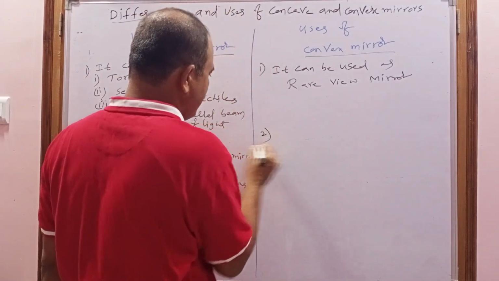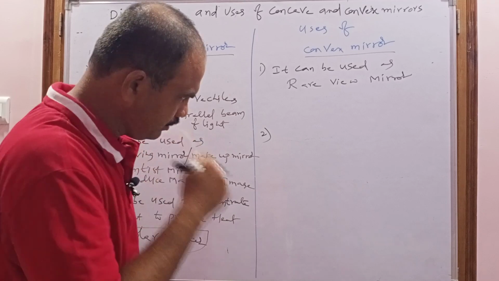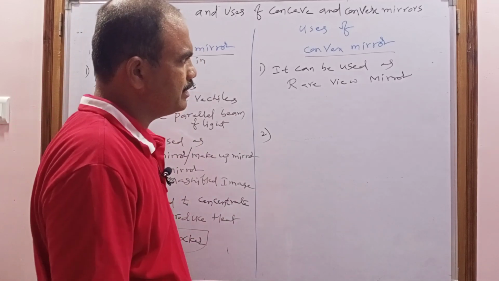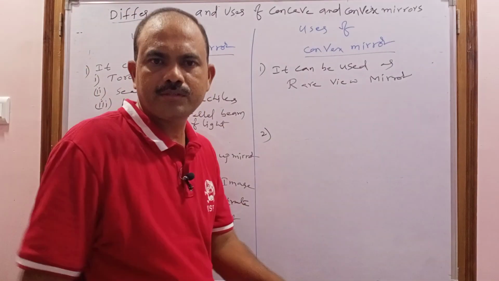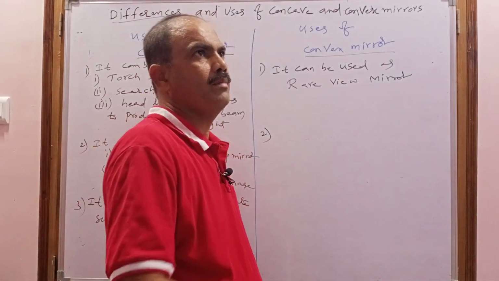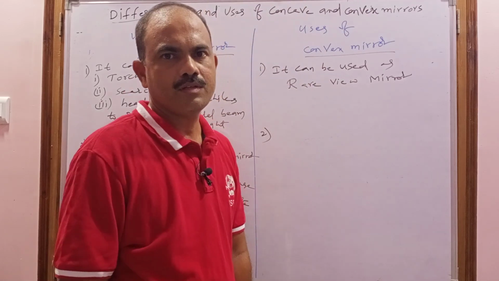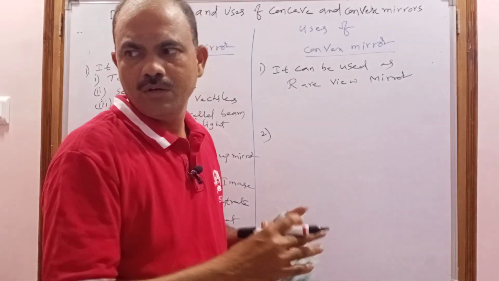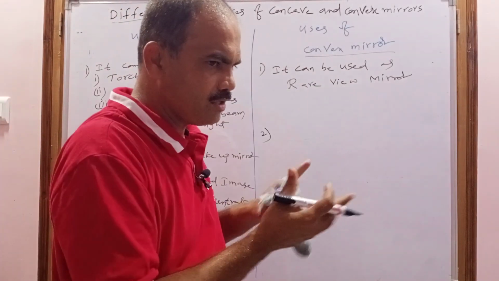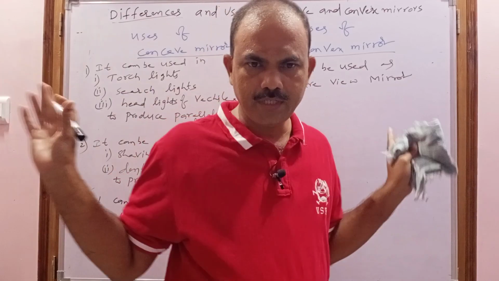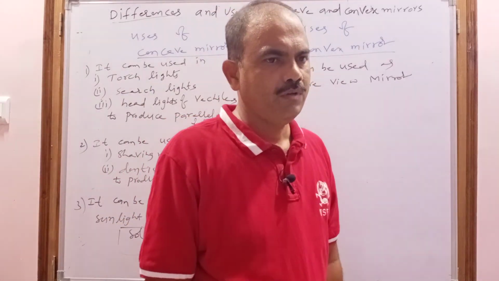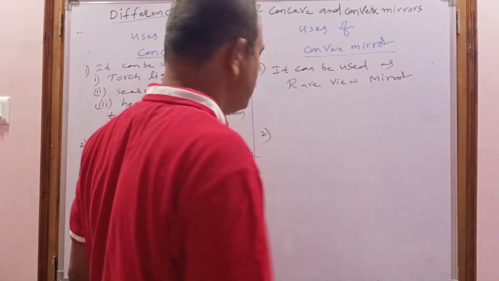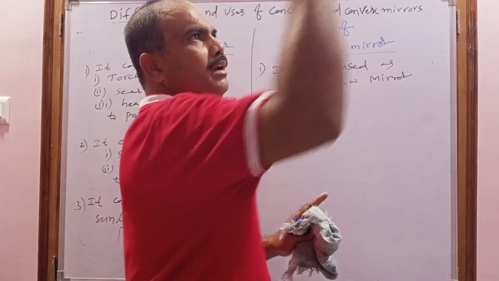And next, coming to the second one. For example, when we go to shops, you can observe some mirrors there. The shop manager uses some mirrors. He doesn't have time to watch the whole room of the shop. Simply, he arranges a mirror in front of him.